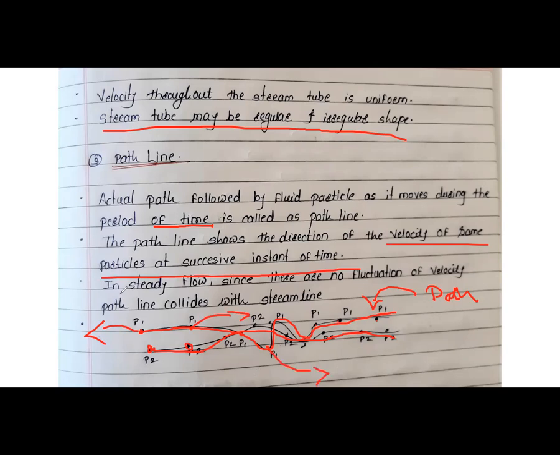In steady flow, since there is no fluctuation of velocity, the path line coincides with the streamline, meaning they become identical to each other.